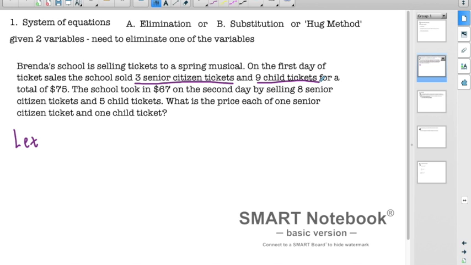Right, so that should be a big giveaway because the last thing I also told my students is the last sentence in this word problem usually tells you what your let statement should be. What is the price of one senior citizen ticket and one child ticket? Right there, that should be my let statement.